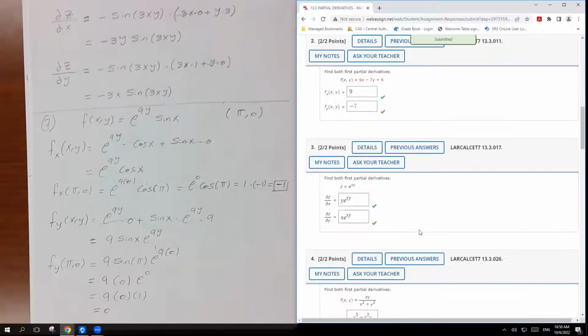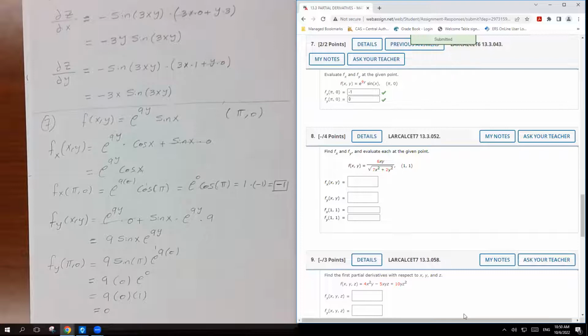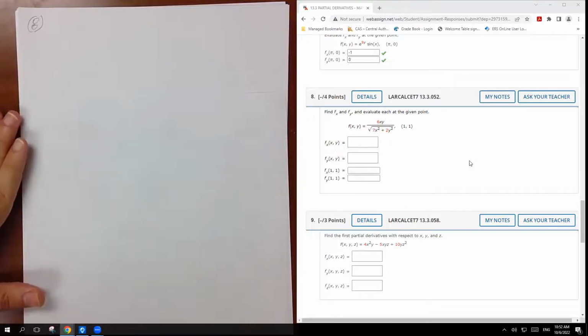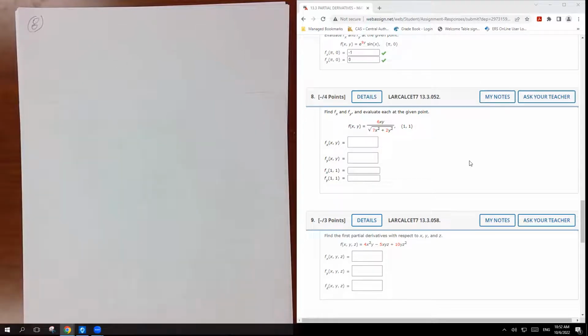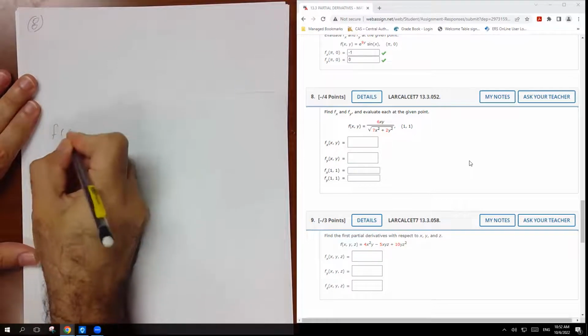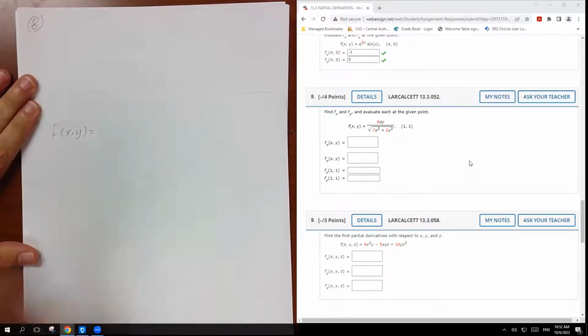There we go. So for example 8, to find the derivative with respect to x and y, I'm just going to give you a hint. You have f of x, y.